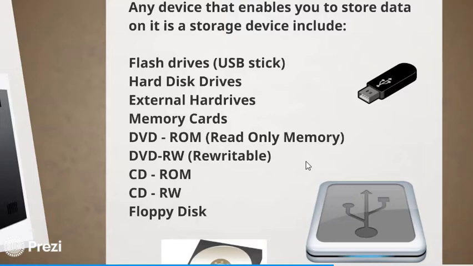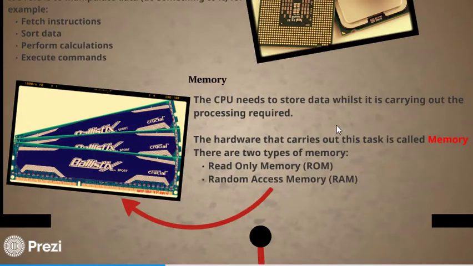While the primary storage device is the memory, or the RAM, because the CPU needs to store data whilst it is carrying out the processing required. The hardware that carries out this task is called the memory, and there are two types of memory: read-only memory and random access memory. These are the primary storage devices.